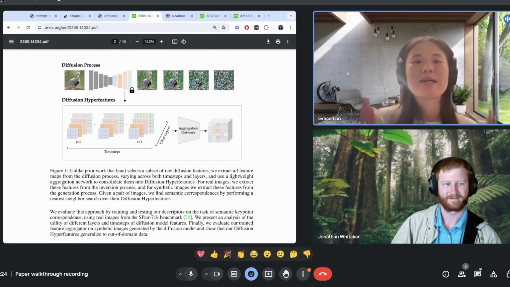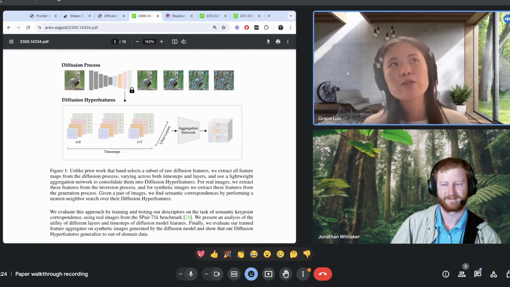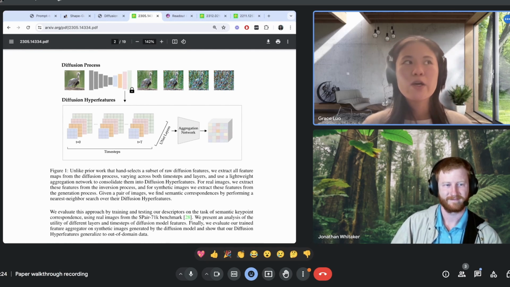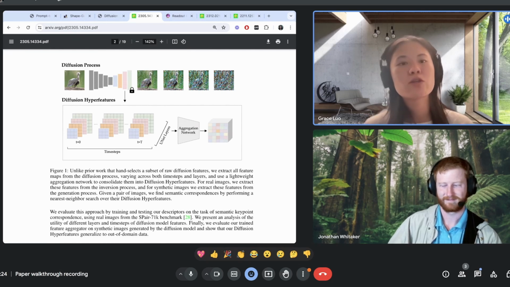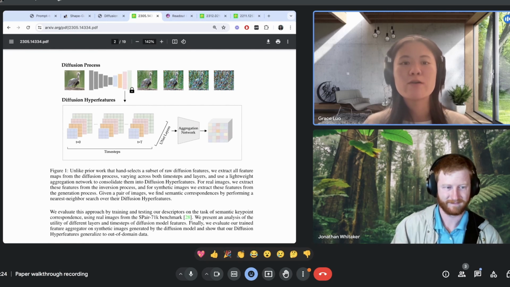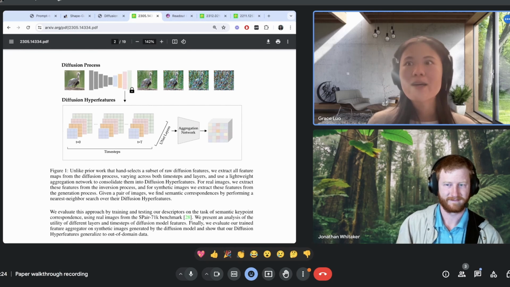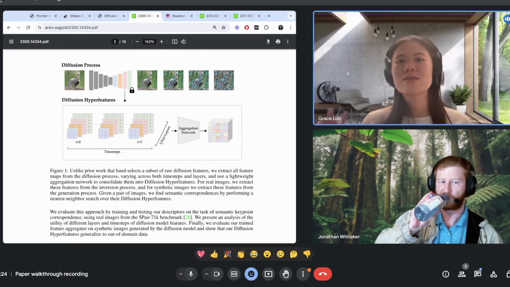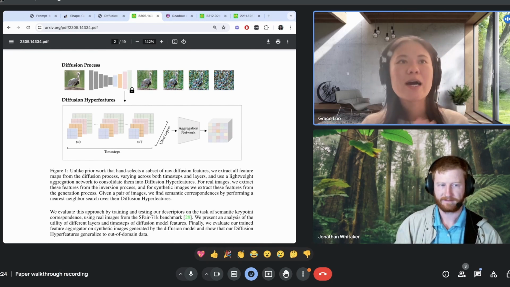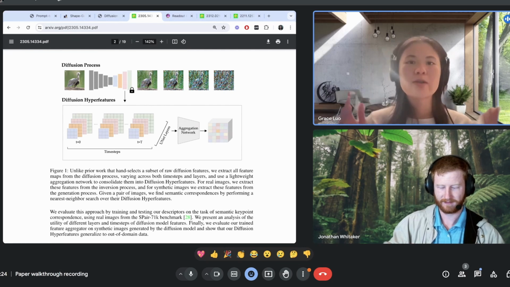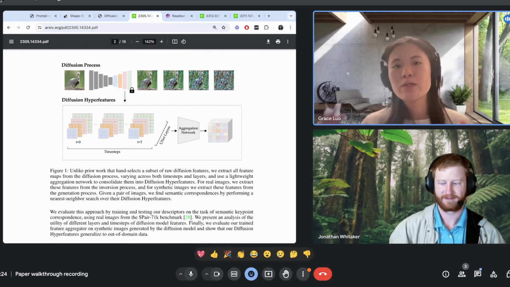And so the design of our method in this Diffusion Hyperfeatures paper is saying that where the best features are might be a function of your task. So is it classification? Is it correspondence? Is it something higher order, like textures, or low order, like semantics? Also, what's your base model?